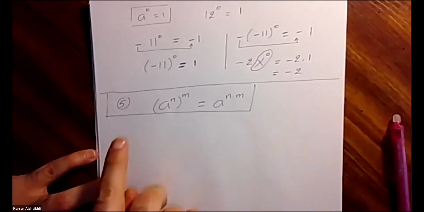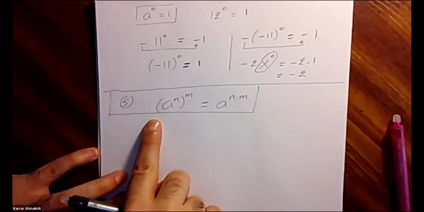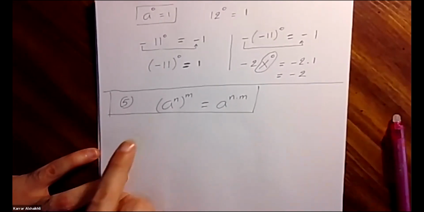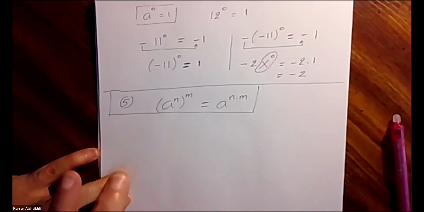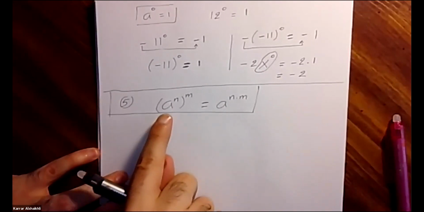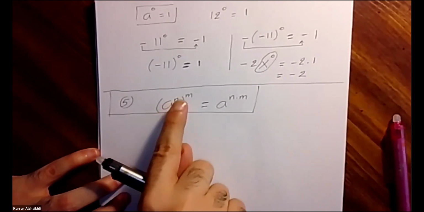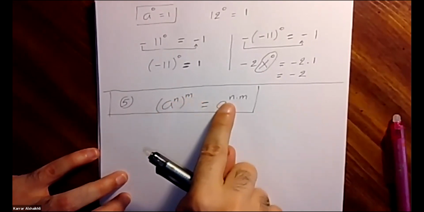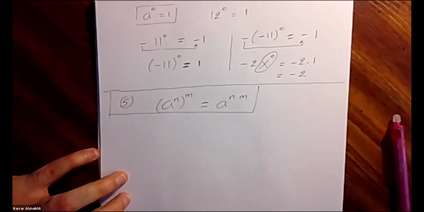So you have to be careful with this rule and rule number 1. Rule number 1, you have two numbers and two exponents. With this rule, we have one number and two exponents. That's why we're going to multiply.